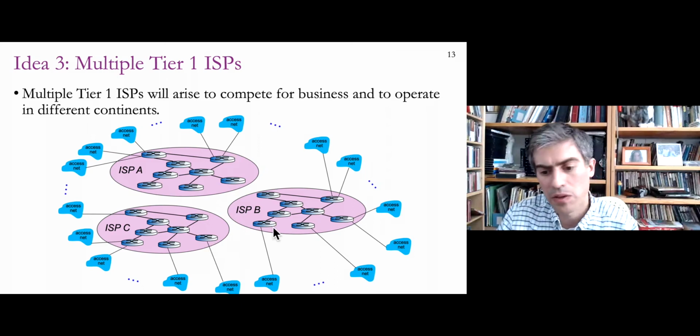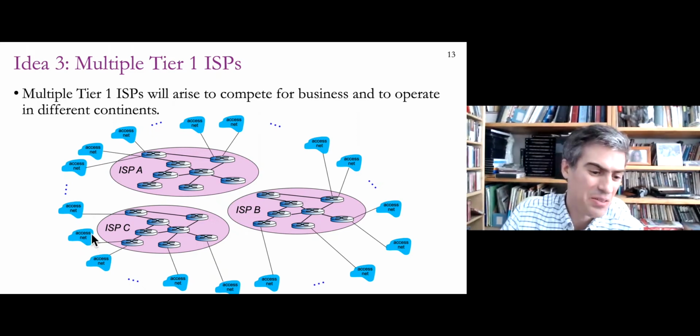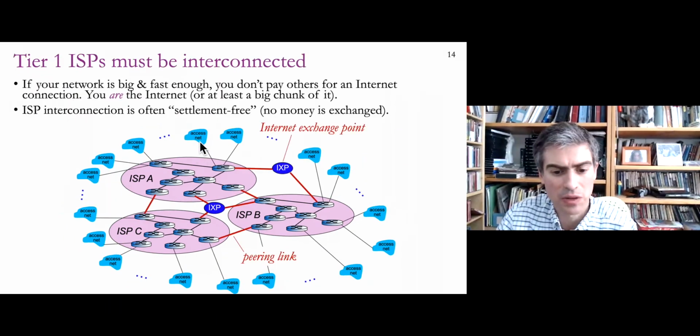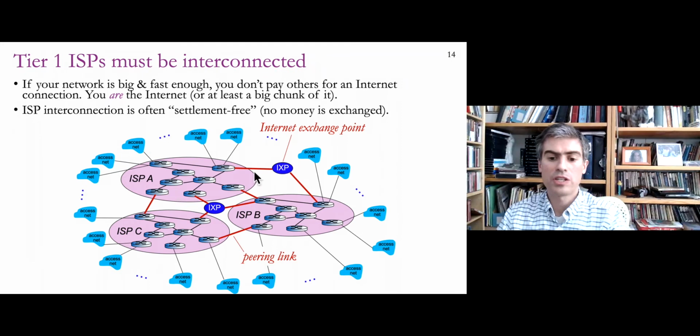But the problem here with this diagram, when we've introduced competition, is that now we have 3 internets instead of 1 internet, right? Like, these universities in the lower left can't communicate with the ones on top because they're not interconnected. So the solution to this, what has come about, is yes, there is competition among different internet service providers to provide interconnection between networks, but there also is cooperation between them.